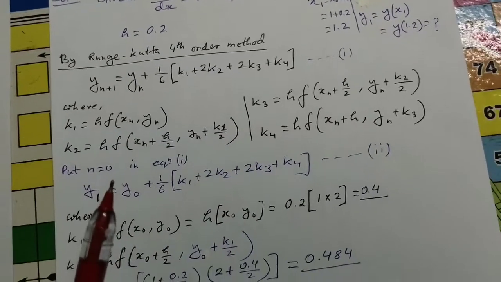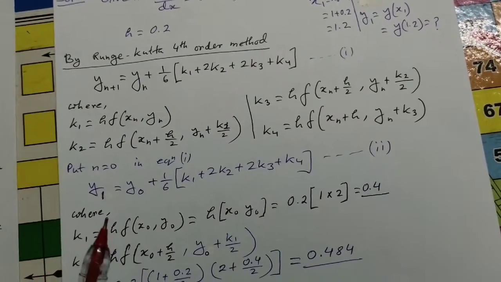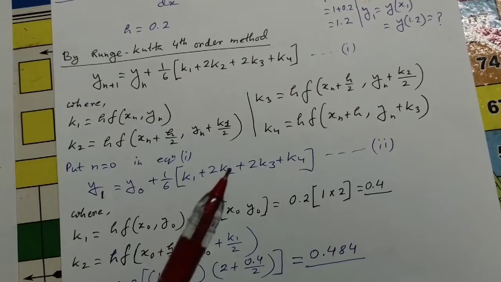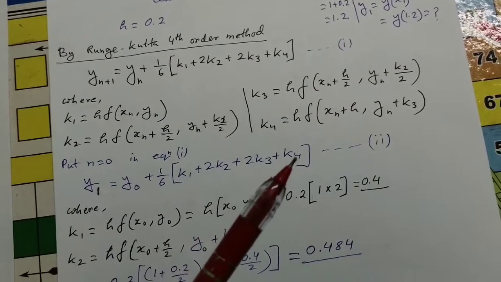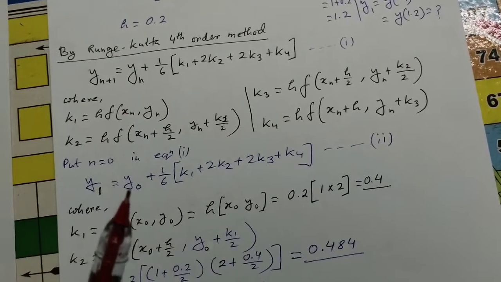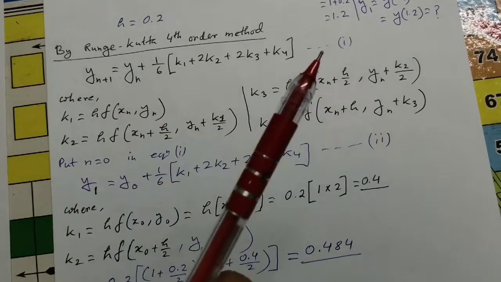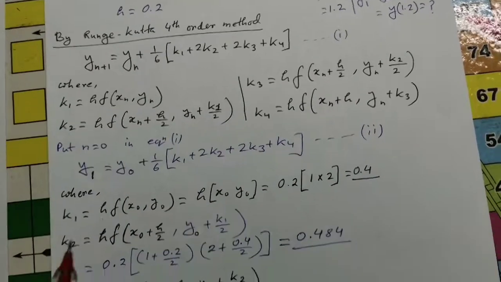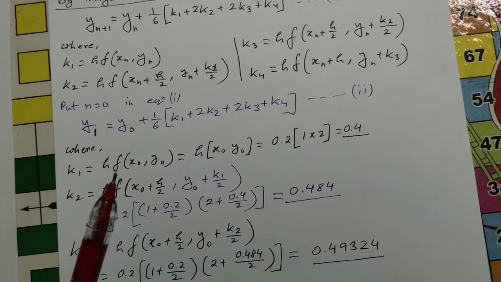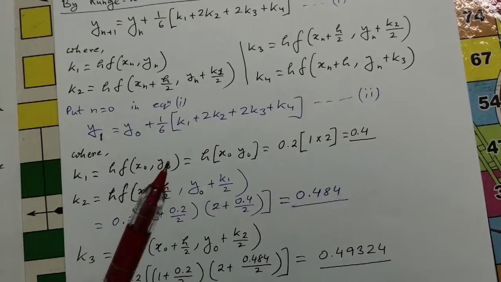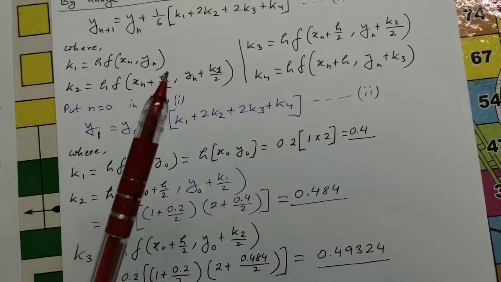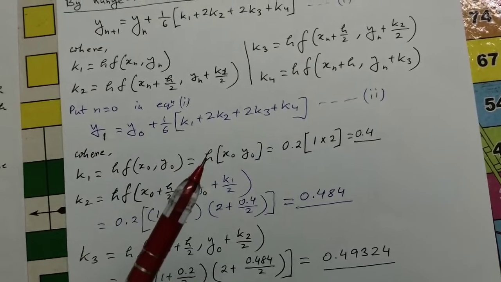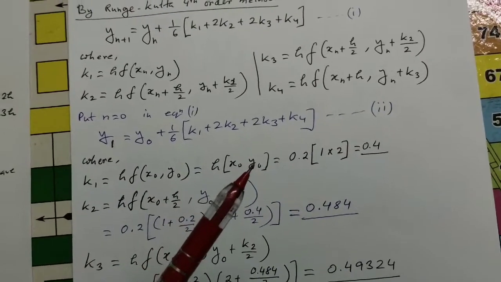Now putting n equals to 0 in equation 1, y1 equals y0 plus 1 by 6 (k1 plus 2k2 plus 2k3 plus k4), as we know from equation 1, right? So it is our equation 2. Now k1 equals h f of (x0, y0), putting n equals 0.